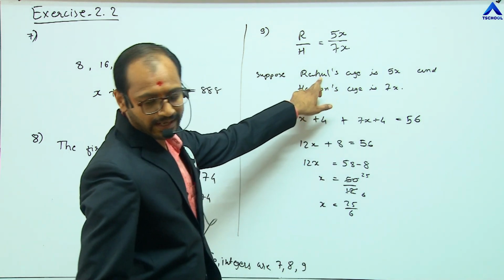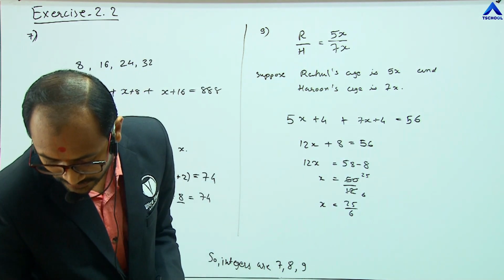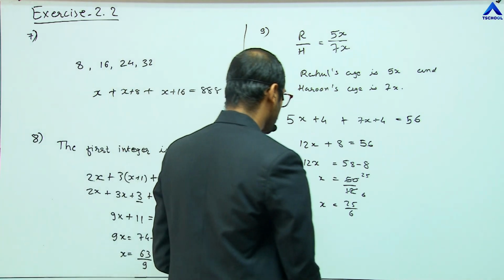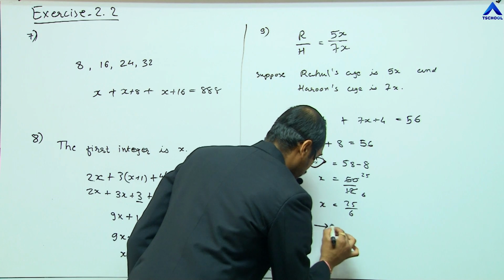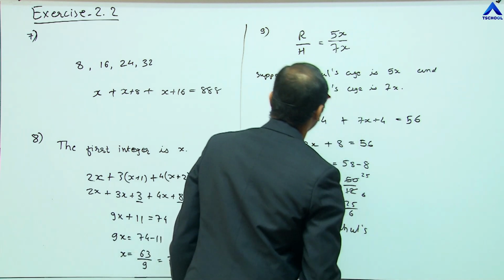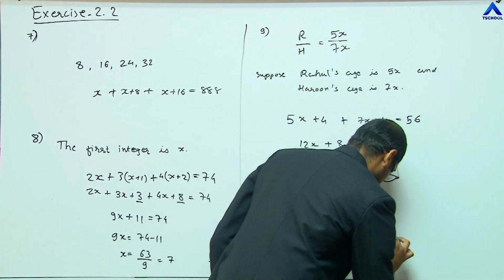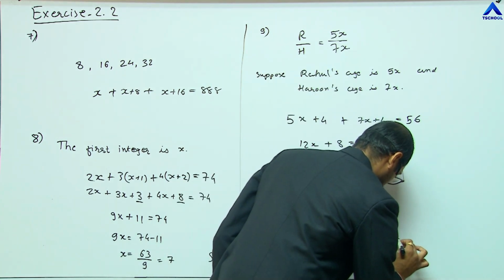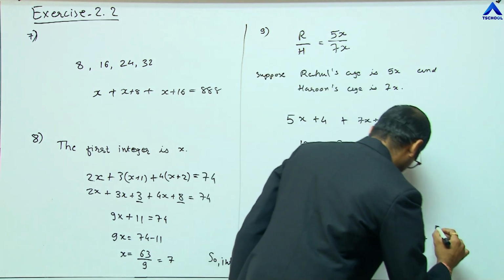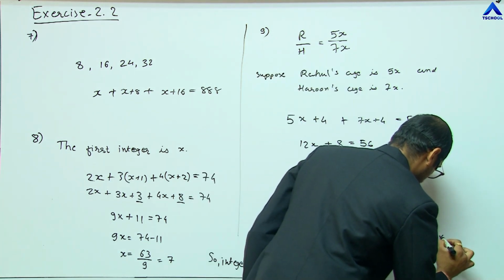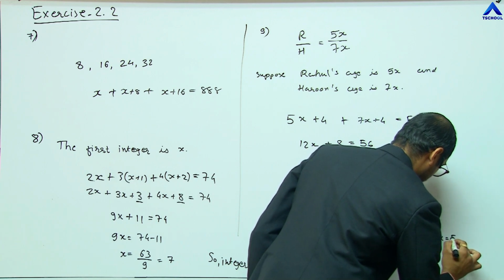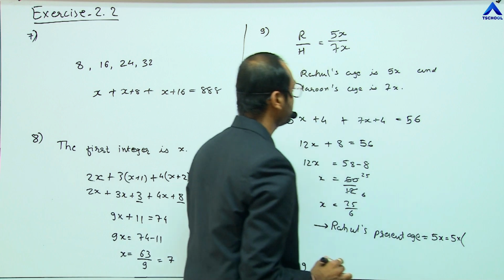Now what is Rahul's present age? What are their present ages? This is our question. So Rahul's present age equals 5x. That means 5 multiplied by, what is x?